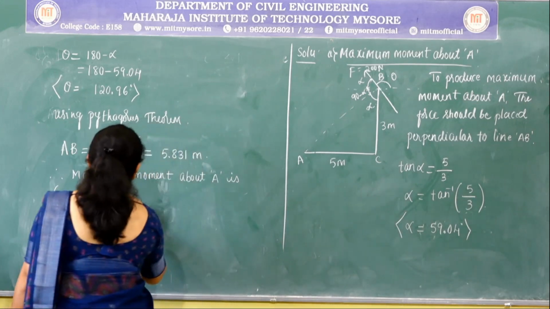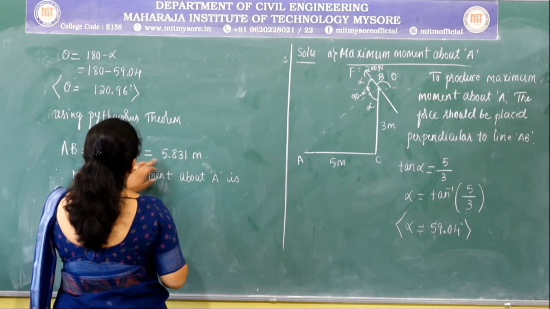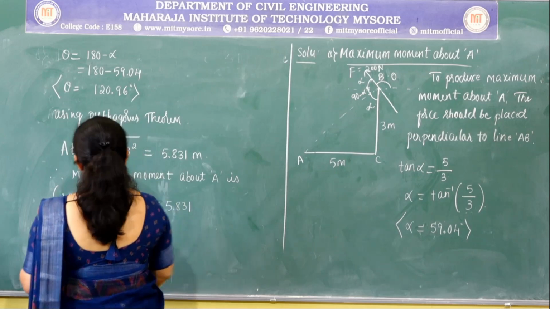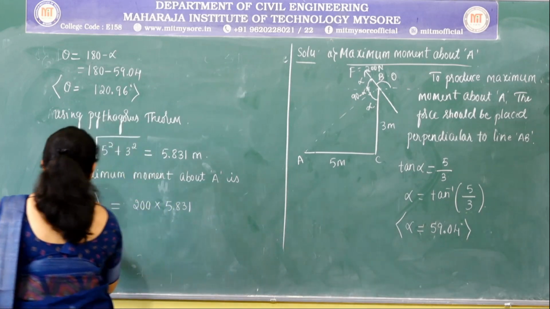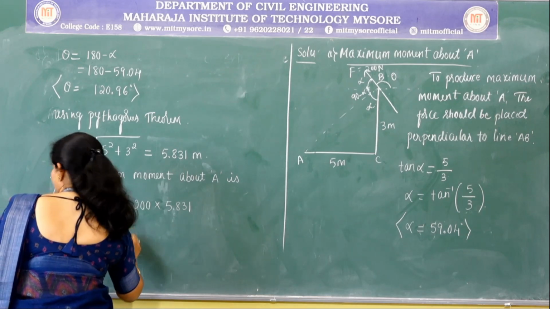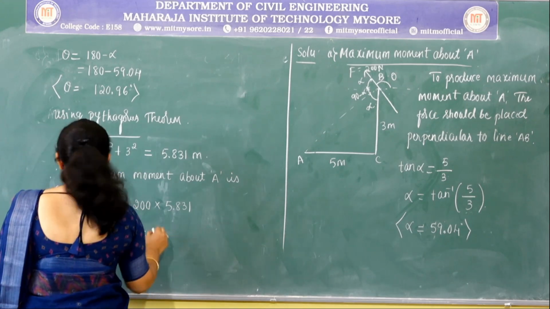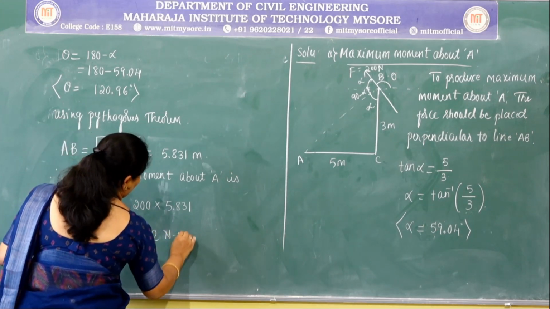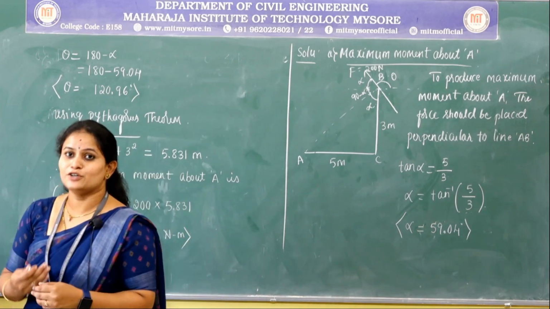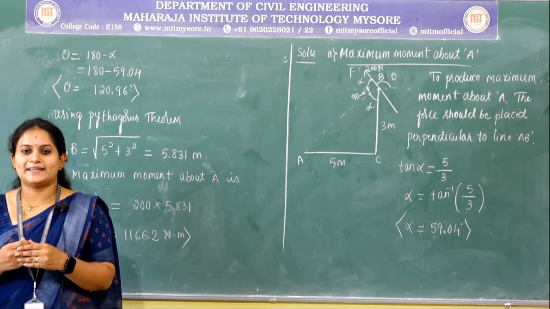So 200 multiplied by its perpendicular distance towards the point, 5.831. So this will give a value of 1166.2 Newton meter. So this is the maximum value of the moment that the force is producing about point A.